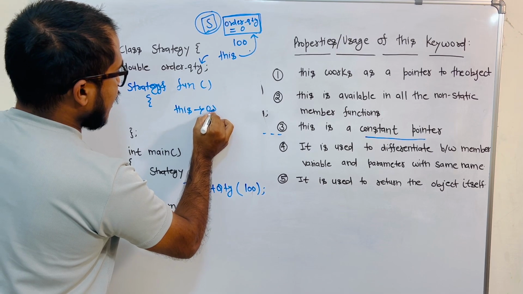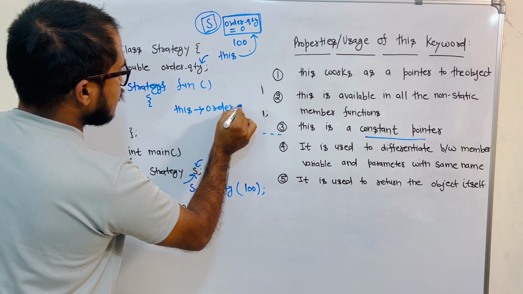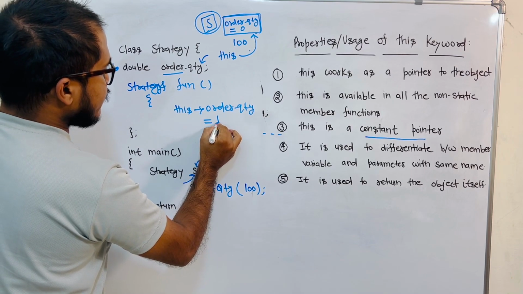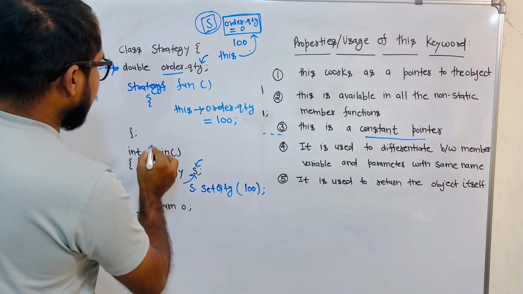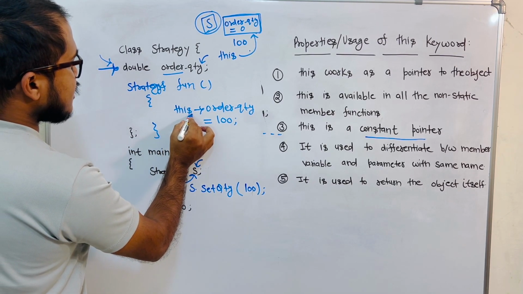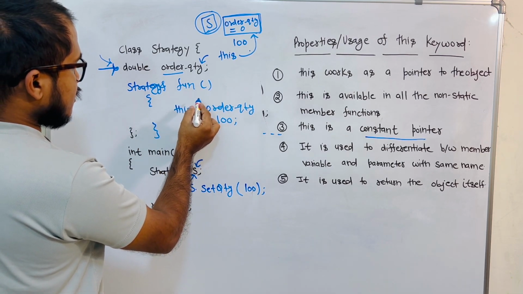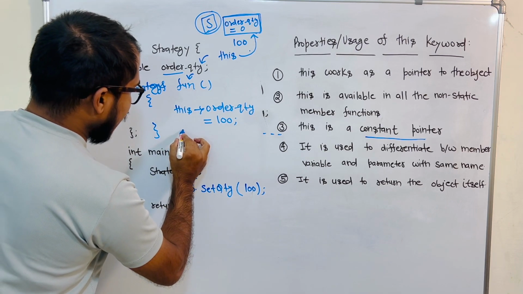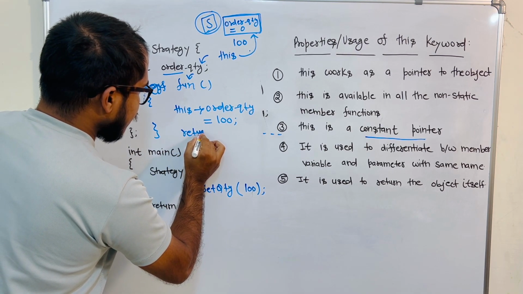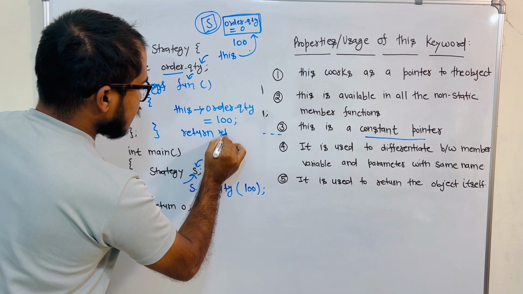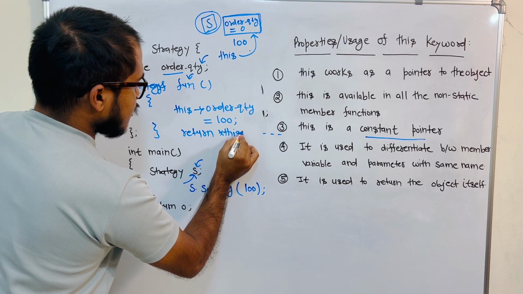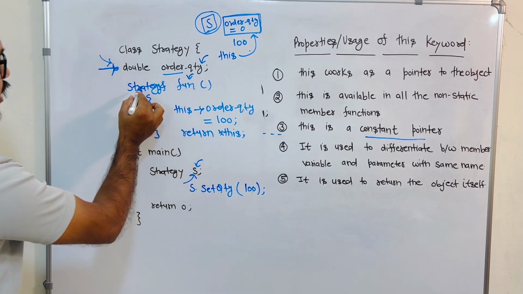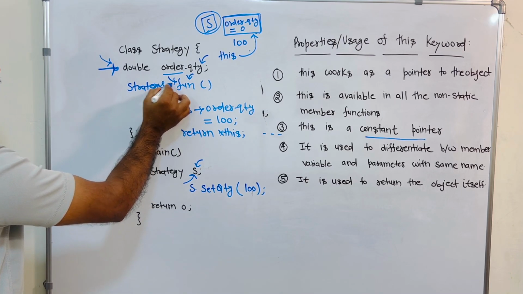Let's say this time I am trying to modify the value of this member variable, and I am making it, let's say, 100, and I want to return the instance of this particular object which is calling this particular function fun. So I will simply return the pointer this, and I can capture this here from wherever I am calling this particular function fun.